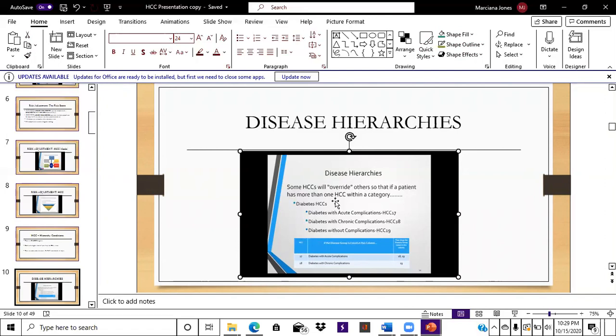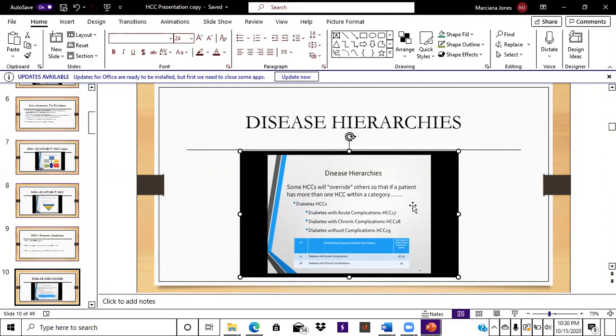So diabetes, for example. Diabetes with acute complications, like diabetic ketoacidosis or hypoglycemic diabetes, would be an HCC 17. See it here? HCC 17.